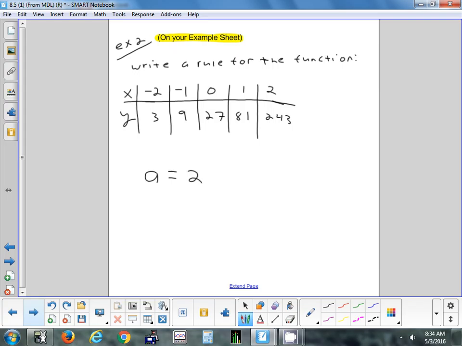Can you tell me how you got that? It's the y value when x is 0. All right, and how about b?